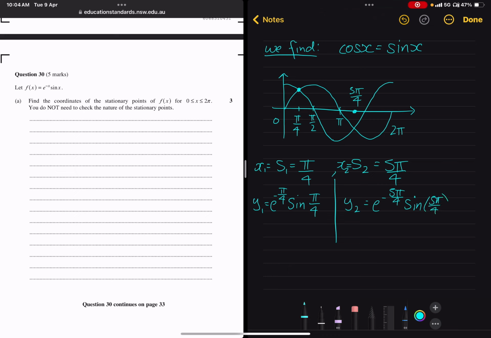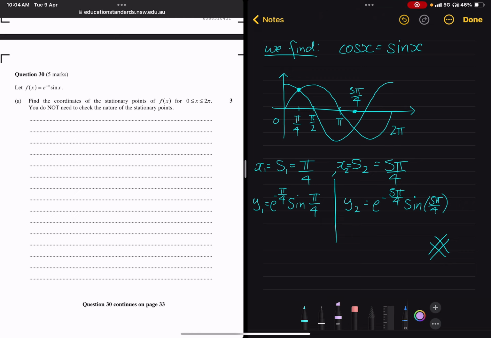Once you're at this point, you can pretty much just numerically simplify these with a calculator or with a computer. So we've got our x values, we've got our y values. These are the coordinates of the stationary points though. And so this is actually all we need in order to do the first part of this question.